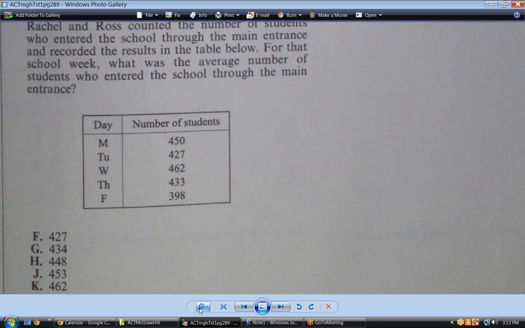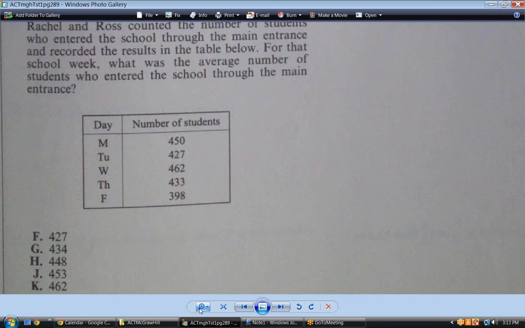Okay, there's average, which is mean. Oh, so it has to do with mean, mode, and median? Mean, mode, and median. Average is the same as mean. So don't you add them all up and divide it by 5?